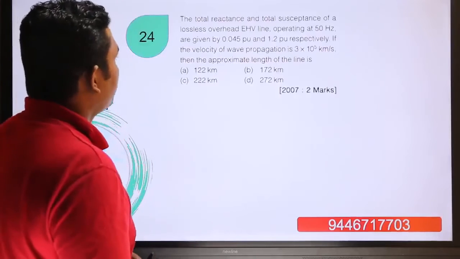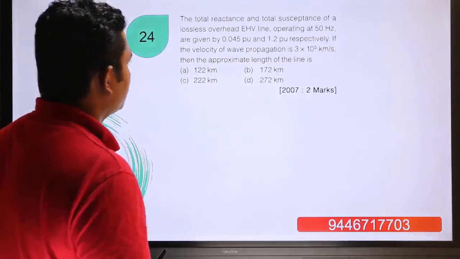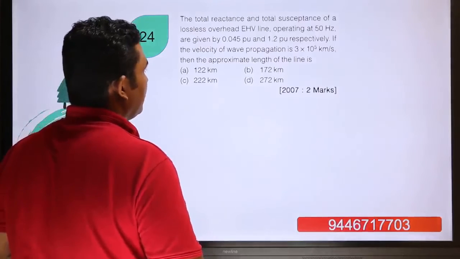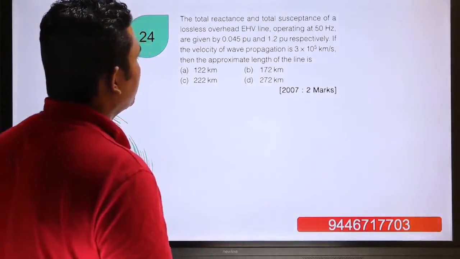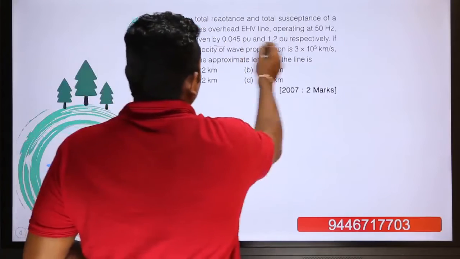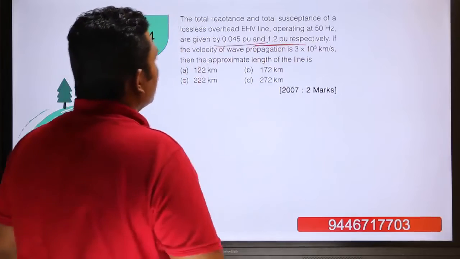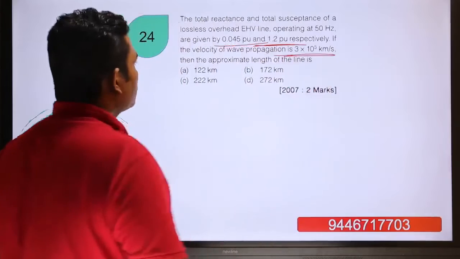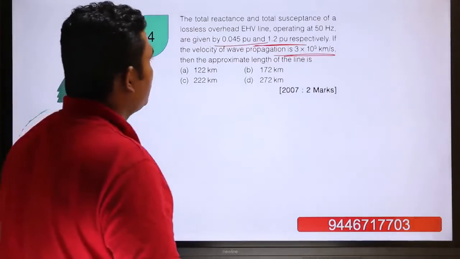Moving into question number 24, total reactance and total susceptance of an overhead extra high voltage line operating at 50 Hertz are given by 0.045 and 1.2 per unit respectively. If the velocity of the wave propagation is 3 into 10 raised to 5 kilometers per second, then the approximate length of the line is what is the question.